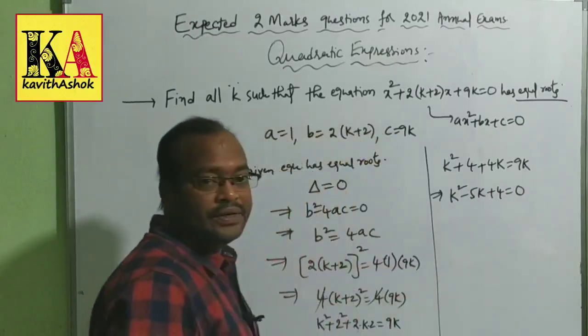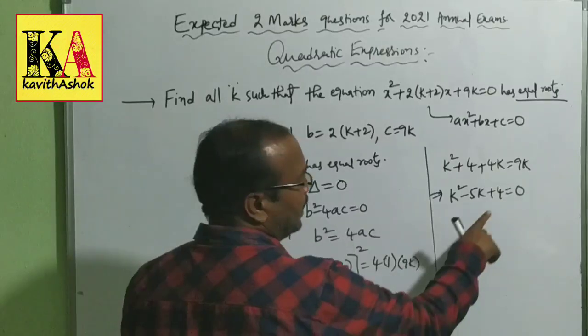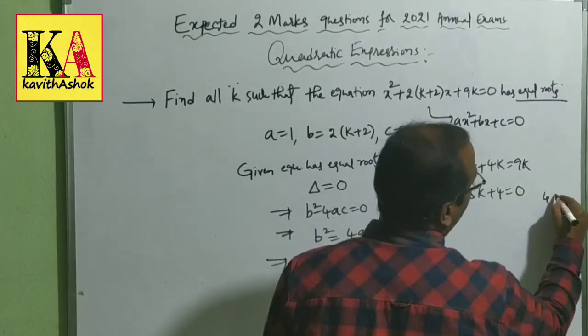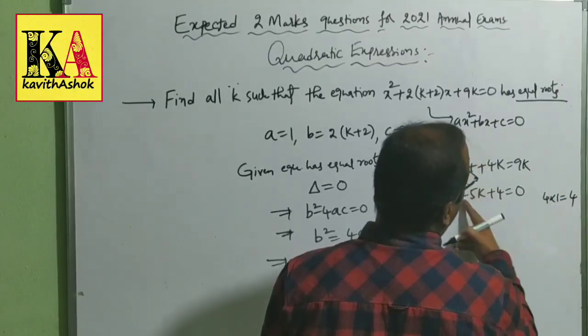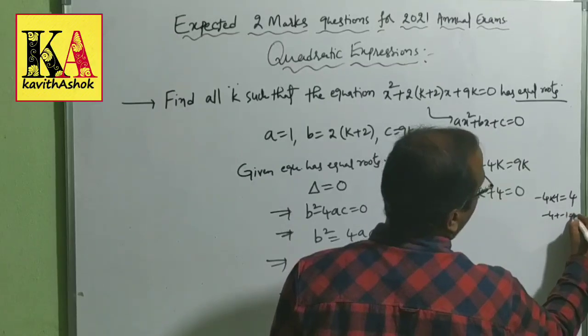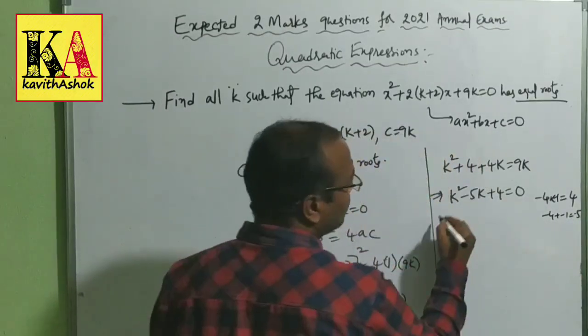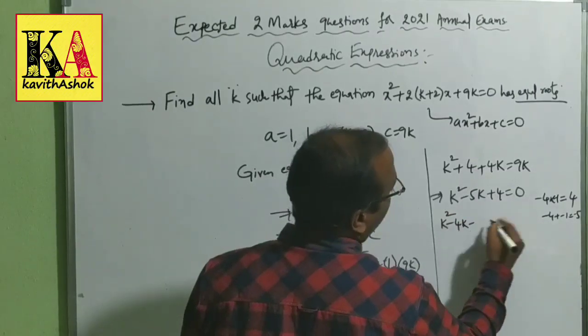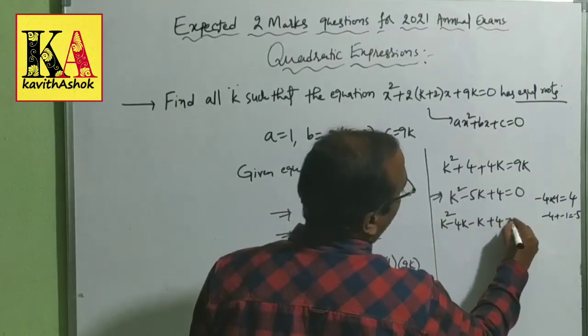This is a quadratic equation in terms of k. Multiplication value will be 4 and addition value will be 5. If you take 4 1 is 4, with minus sign, minus 4 minus 1, we can get minus 4 plus minus 1 will get minus 5. So we can write this as k square minus 4k minus k plus 4 equal to 0.